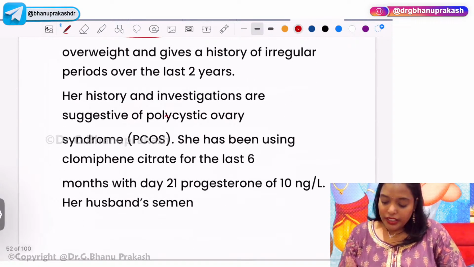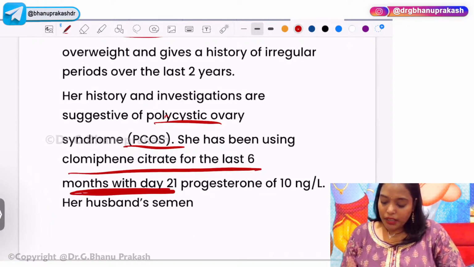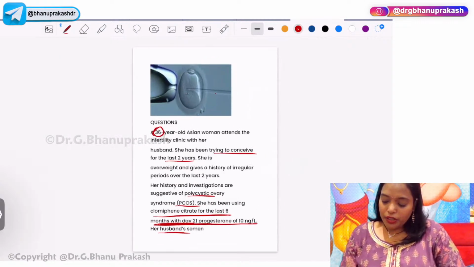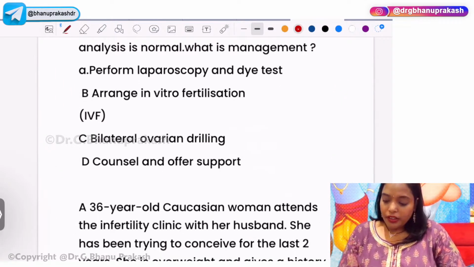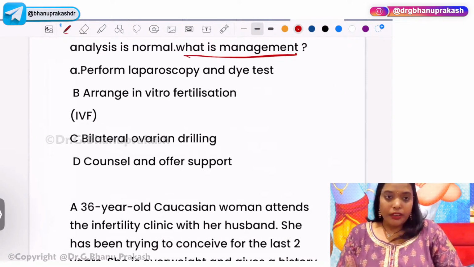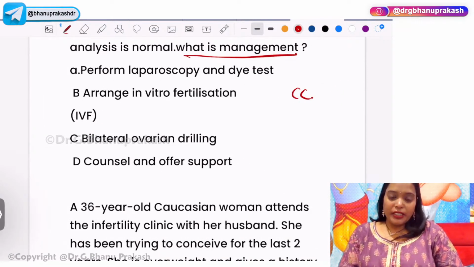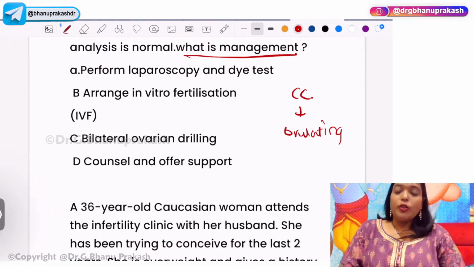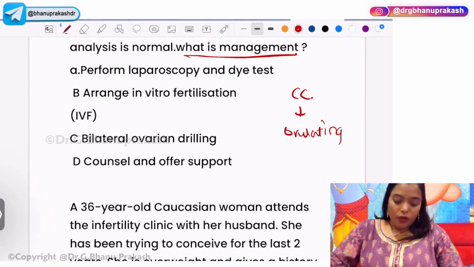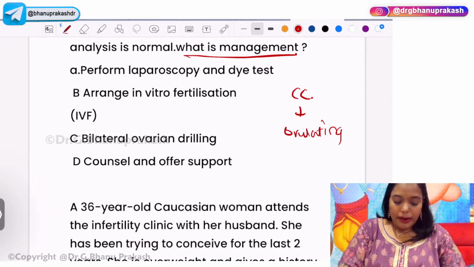Her history and investigations are suggestive of PCOS. She's been using clomiphene citrate for the last 6 months. Day 21 progesterone shows she's ovulating. She is ovulating but not able to conceive, and the husband's semen analysis is also normal. What should be your next step, or what should be your management?